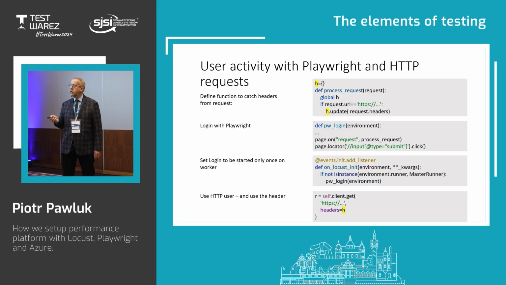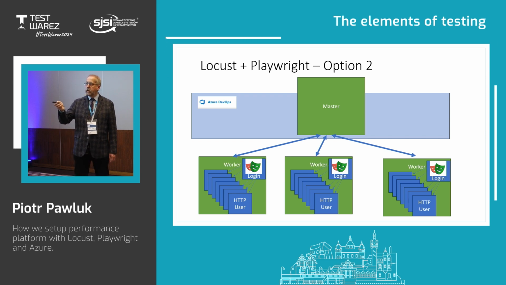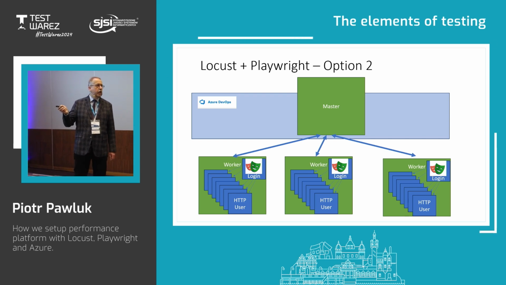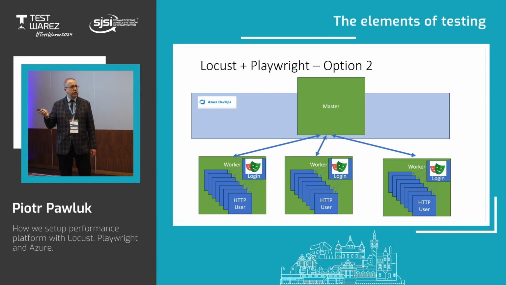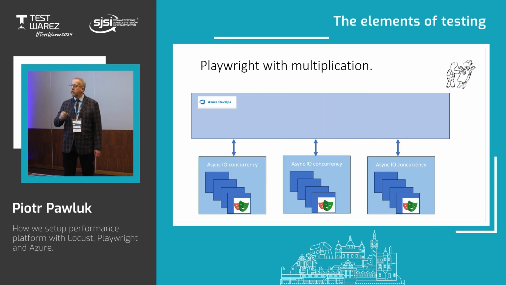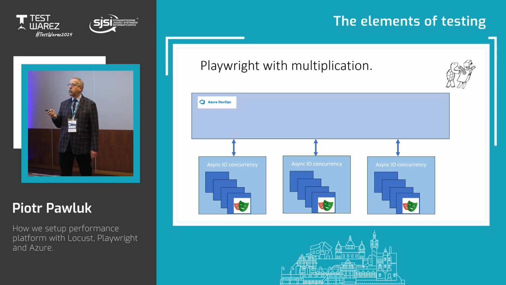Okay, so let's just go, token, select. In this way, it was just one master, one login action, and then many HTTP users. So then I could use fewer machines to run the test, so more users with this. And I have developed my own tool just to run Playwright asynchronously and not use Locust at all.